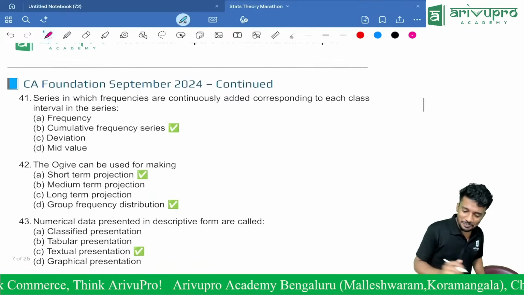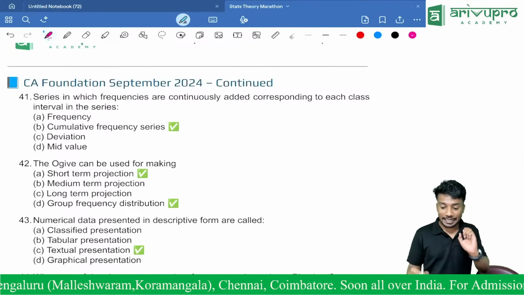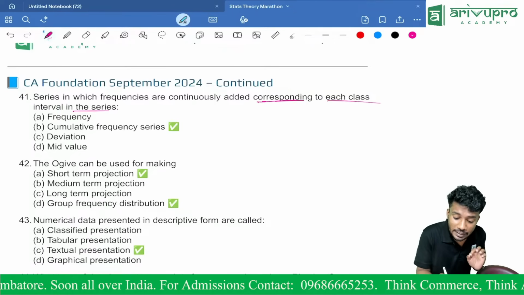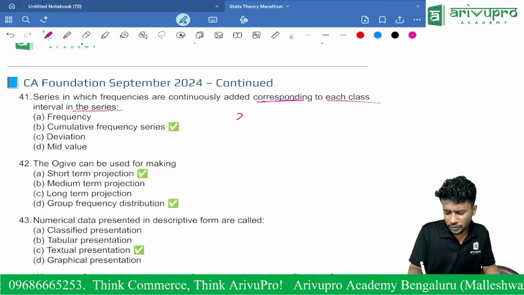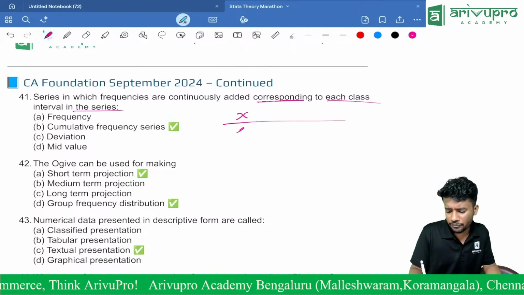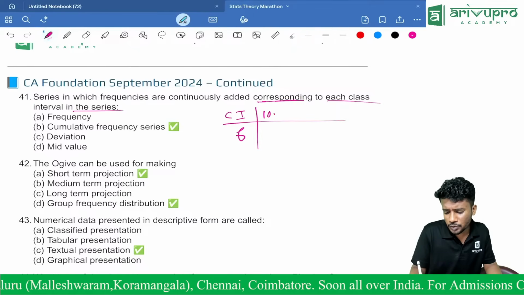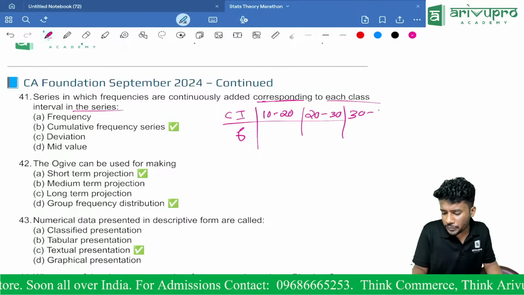Next one. Series in which frequencies are continuously added corresponding to each class interval in the series is what? What do you mean by the cumulative frequency? For example, X values is there, then F values is there. Or I will write it as class interval values, 10 to 20, then 20 to 30, then 30 to 40.